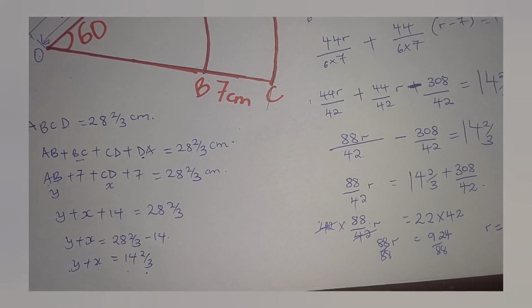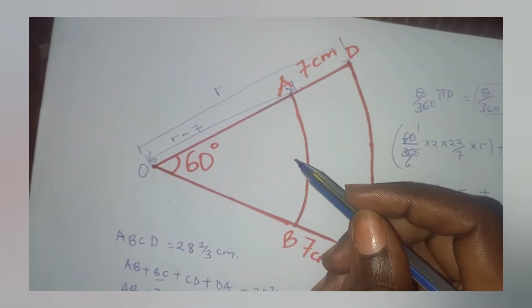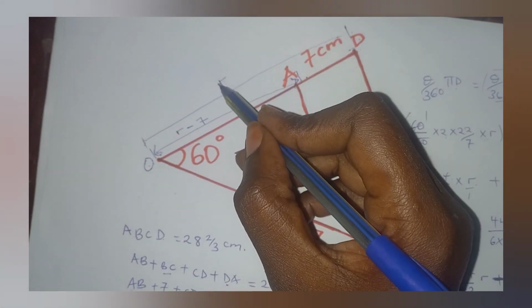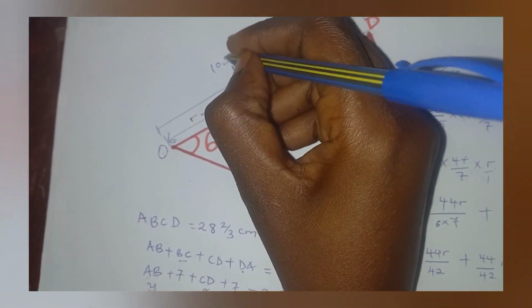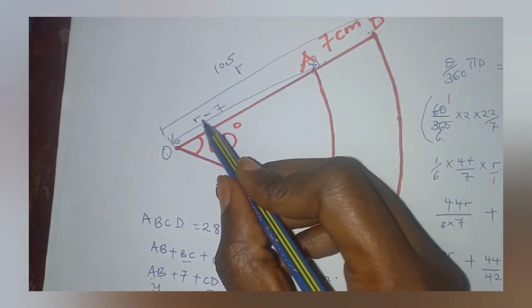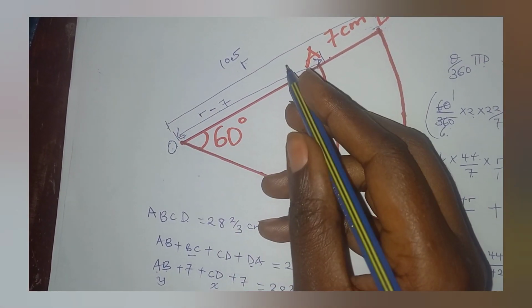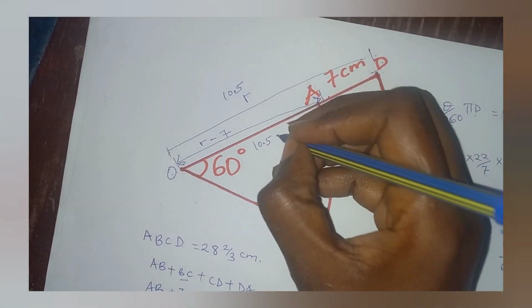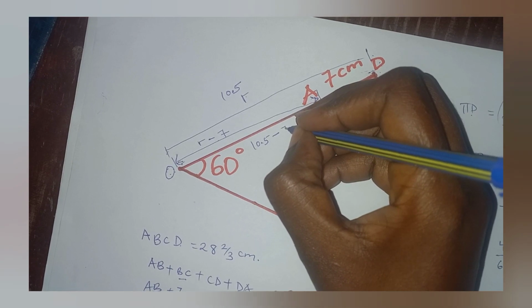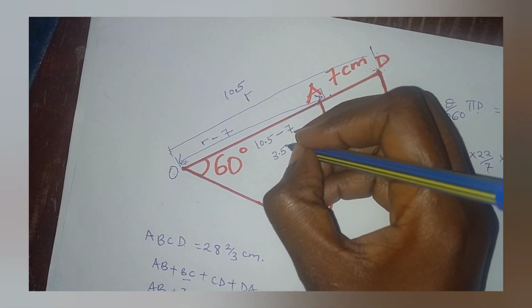So r is 10.5. So let's go back here. If this R here is 10.5, the radius of the inner circle will be the radius of the bigger circle, which is 10.5 minus 7, which will be 3.5.